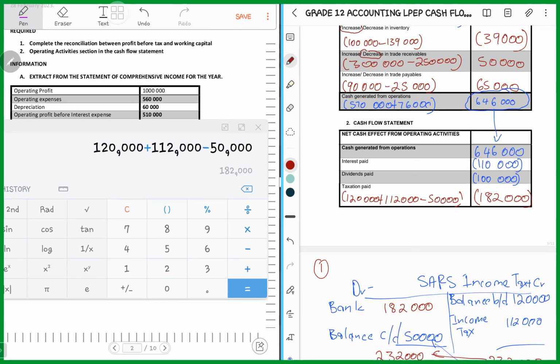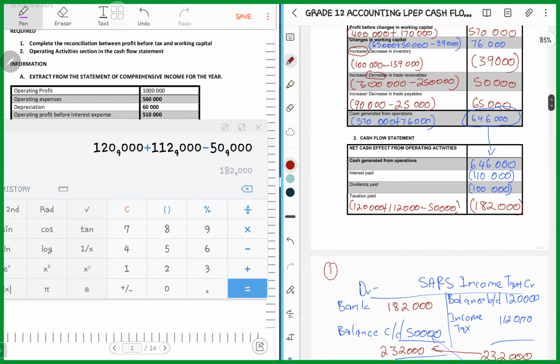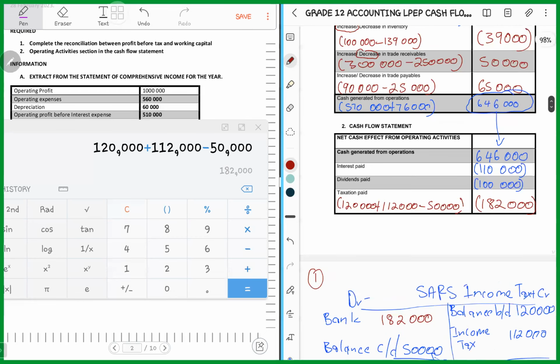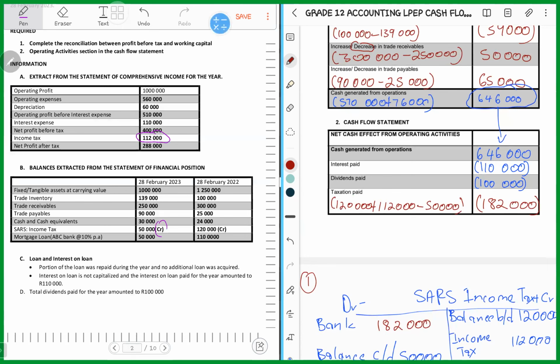Okay. Now, when we have to calculate the net cash effect from operating activities, there are going to be changes in the rules. If all of them are in brackets, meaning that they are all outflows, you add them together, then you say this is the total outflow from the cash effect from operating activities.